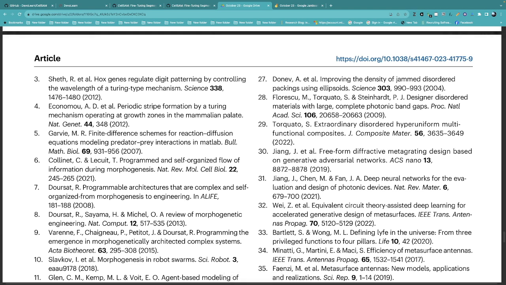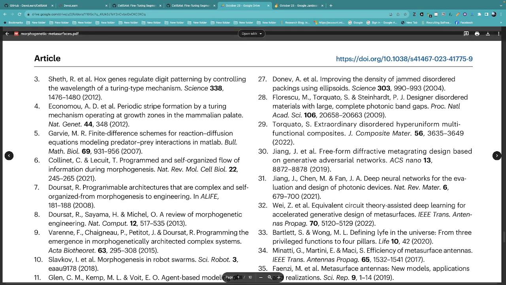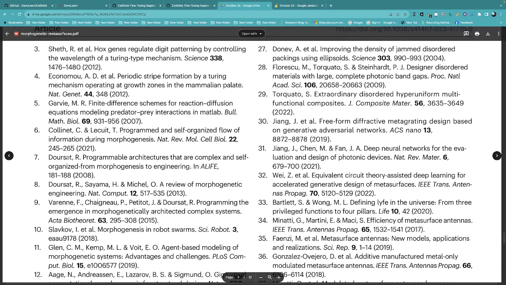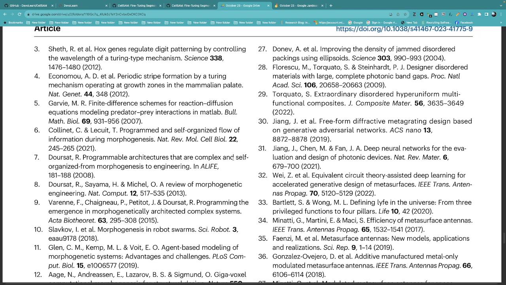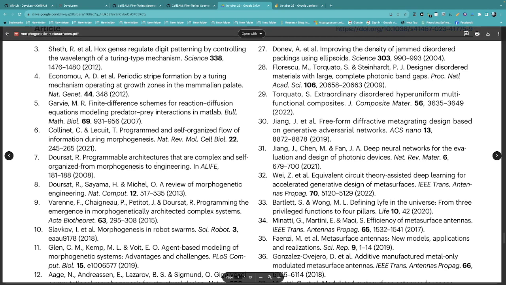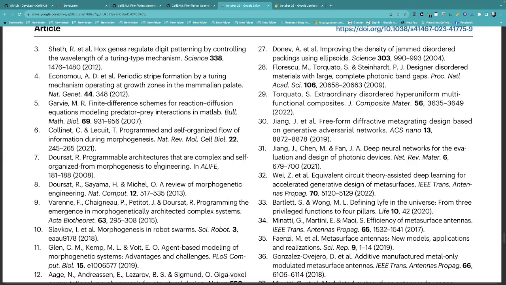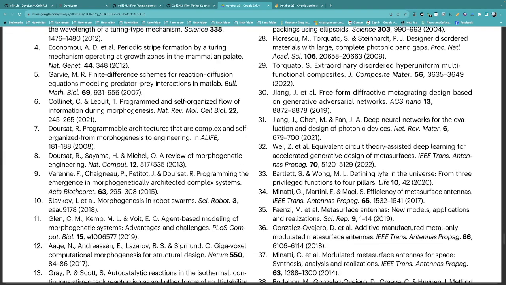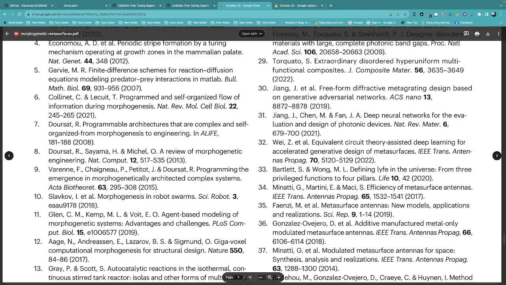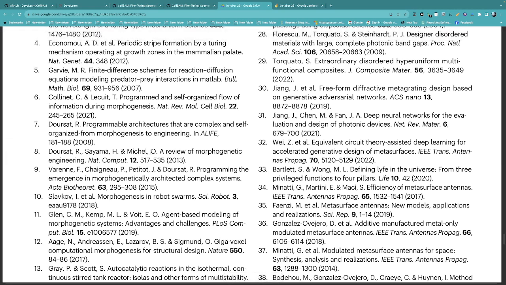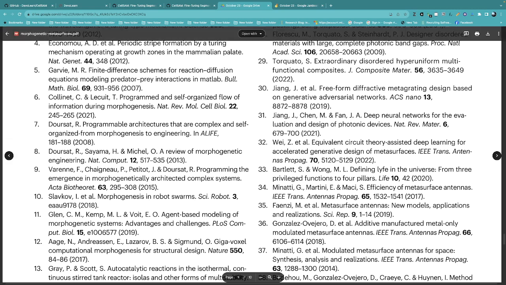So this may be a very interesting paper to look into for future meetings. There are also some interesting things on programmable architectures that are complex and self-organized, from morphogenesis to engineering. So this is an A-Life paper from 2008, and a review of morphogenetic engineering.